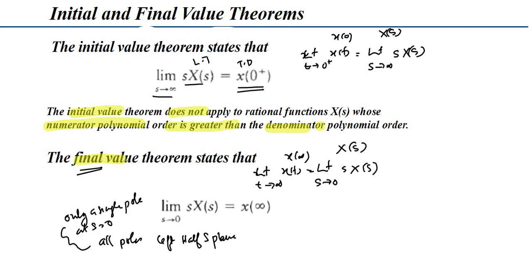There will not be any multiple poles at the origin, and all other poles should be in the left half of the s-plane. So it's very simple to remember. If you want to calculate the initial value, the s limit should be infinity. If you want to calculate the final value, that is x of infinity, you need to apply s is equal to 0. So just opposite.